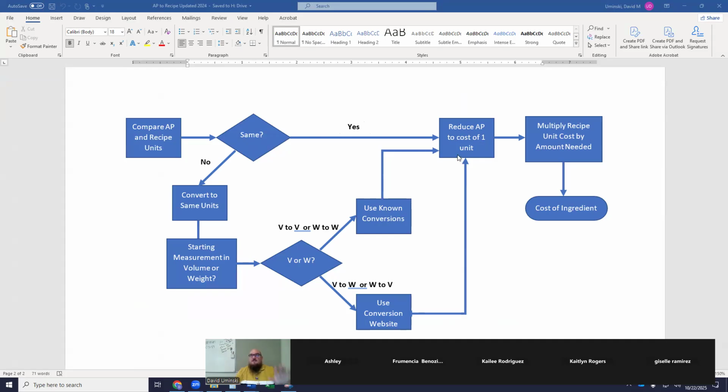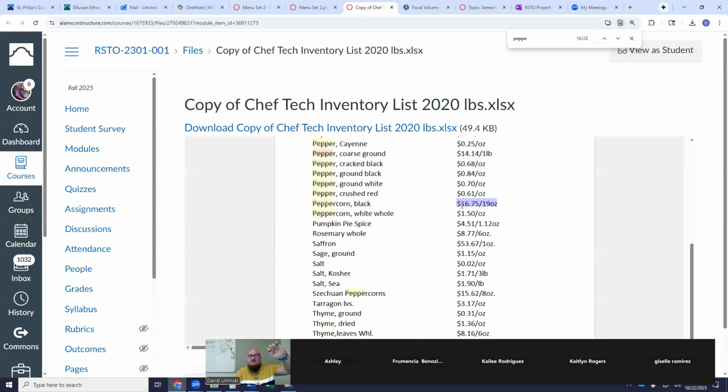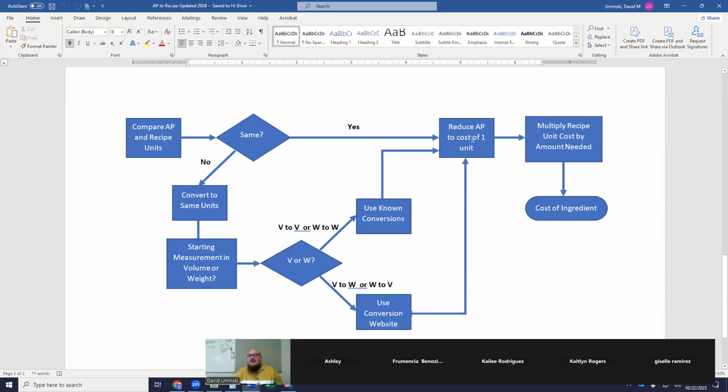So we're going to take that 16.75 per 19 ounces and get it down to the cost of 1 ounce. And then because we're at the cost of 1 ounce or 1 unit, we're going to multiply the unit cost by the amount needed. And then we're going to get that cost of the ingredient.